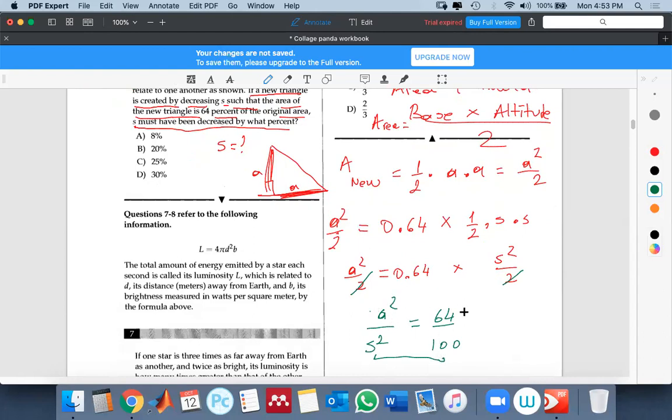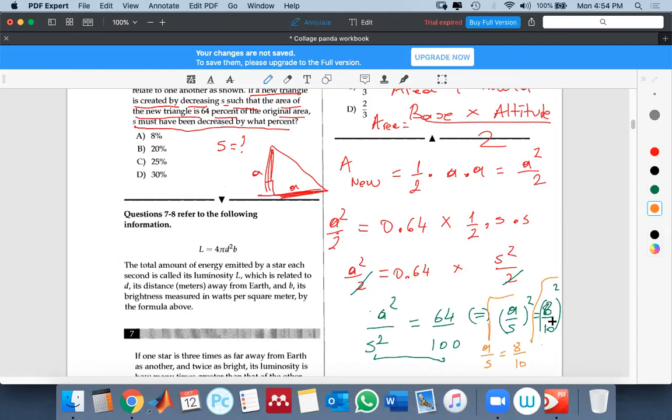By the way, since this is squared, can I say A over S to the power of 2 equals 8 to the power of 2 over 10 to the power of 2, since 64 is 8 squared and 100 is 10 squared? Check it. After this step, taking the root, A over S is equal to 8 over 10.